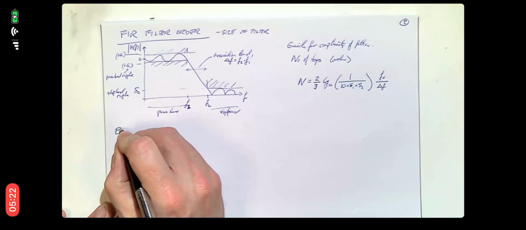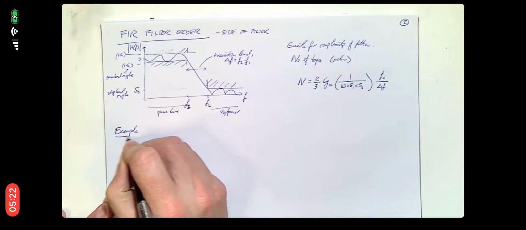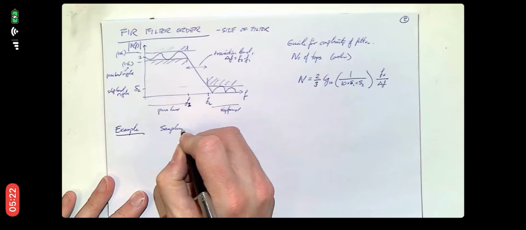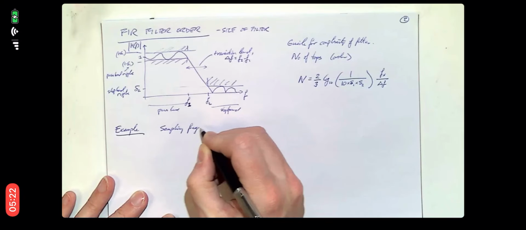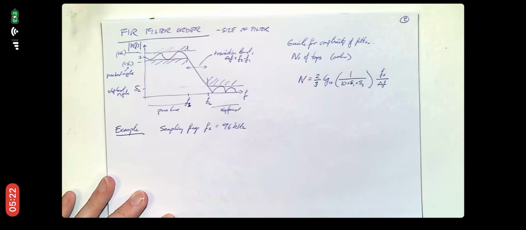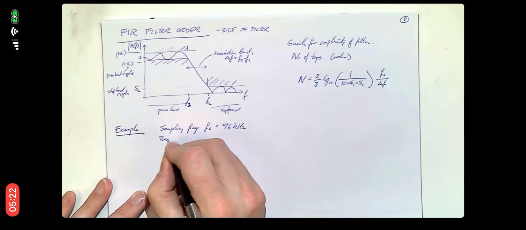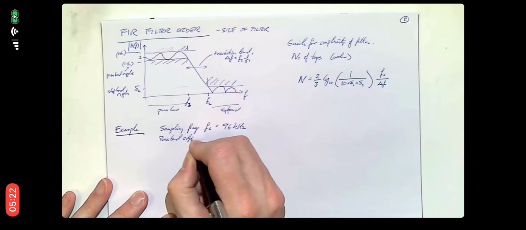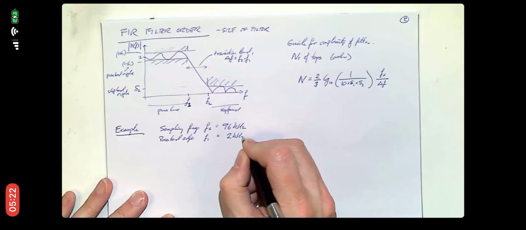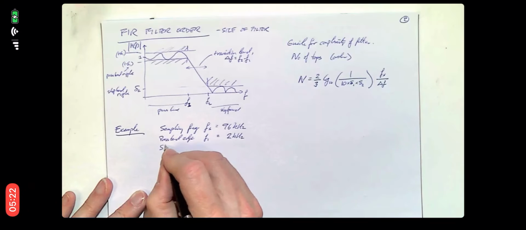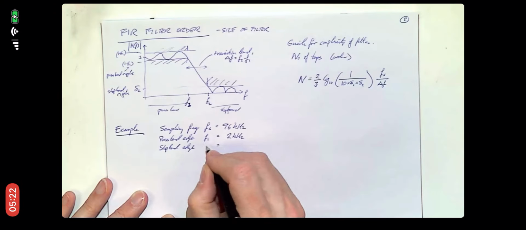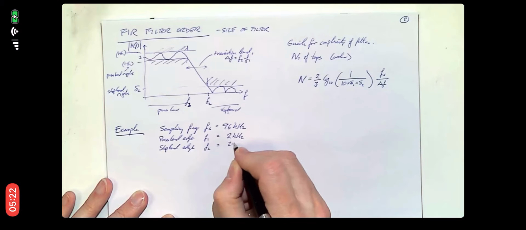So let's have a look at an example of what we might want to do. So if we've got a sampling frequency, Fs is 96 kilohertz. We've got a pass band edge F1 of 2 kilohertz, and suppose we wanted a stop band edge F2 of 2.5 kilohertz.